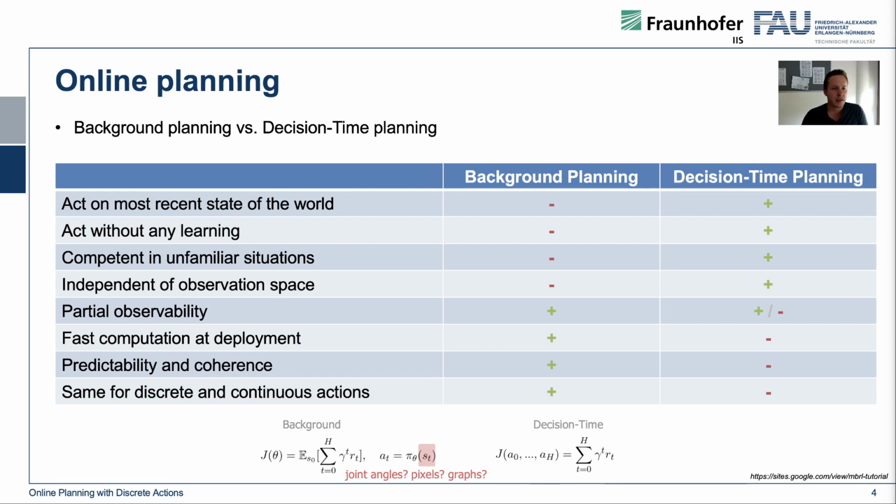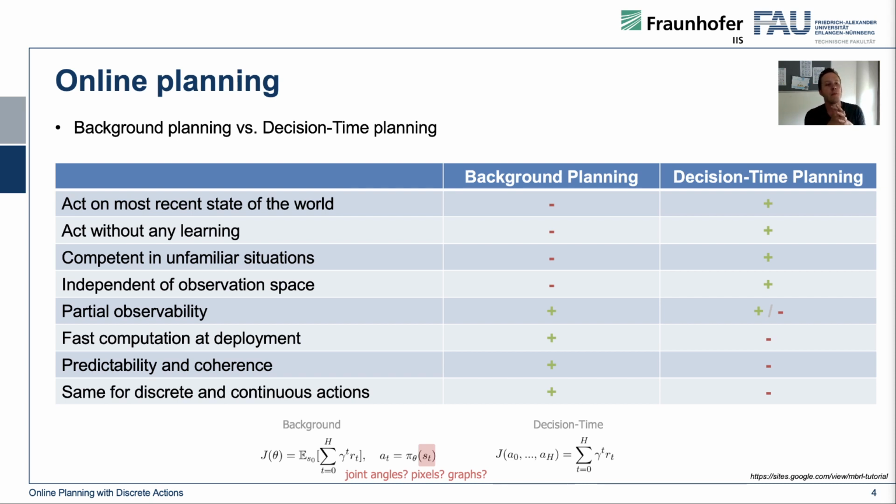So, about competency in unfamiliar situations. If you end up in a setting that you haven't seen in training, your policy or value network might not have any competence in such situations. Imagine that you're playing some hard exploration games where you need to grab a key to open a door.